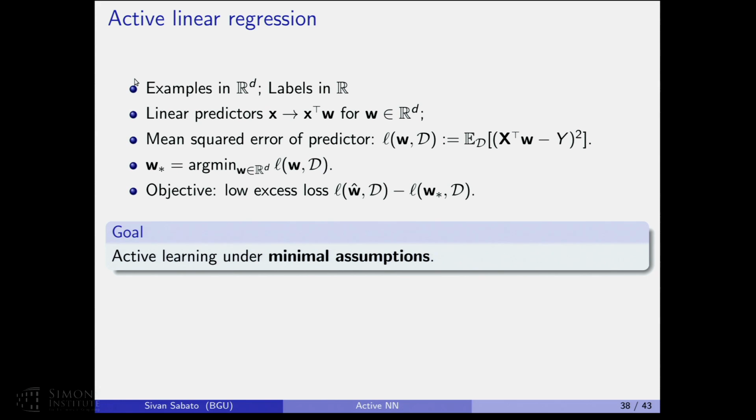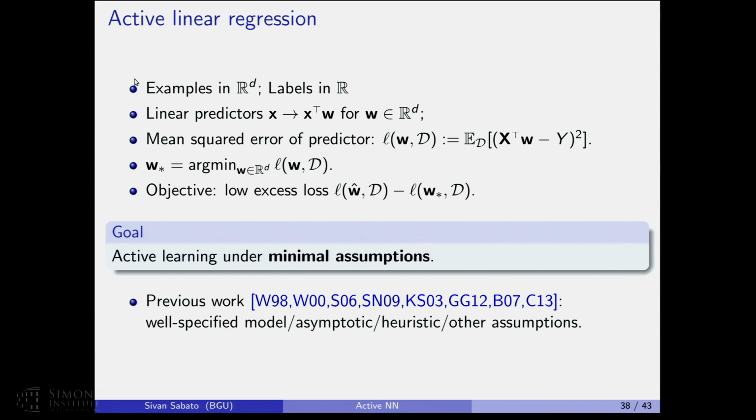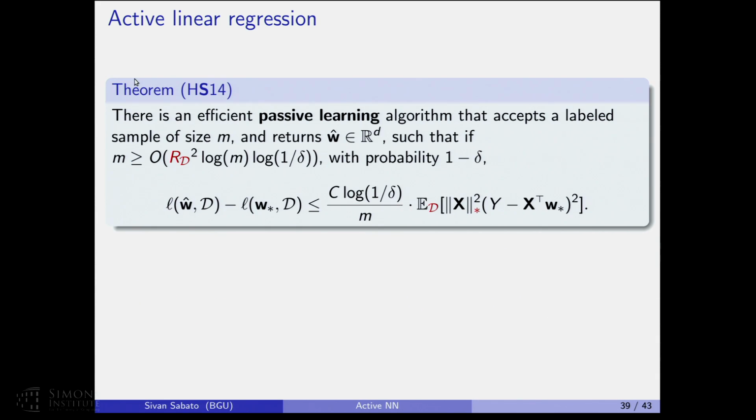So we want to do, again, active learning under minimal assumptions. There are some previous works on active learning for regression, but they all have different assumptions that we're trying to not have in this approach. The starting point of this algorithm was the following result by Daniel and I for passive learning.